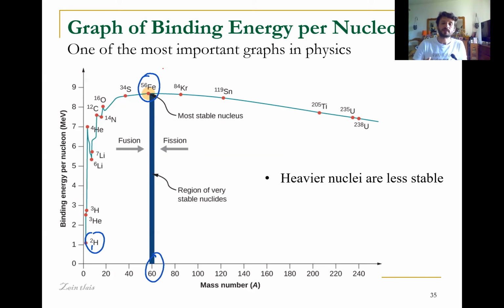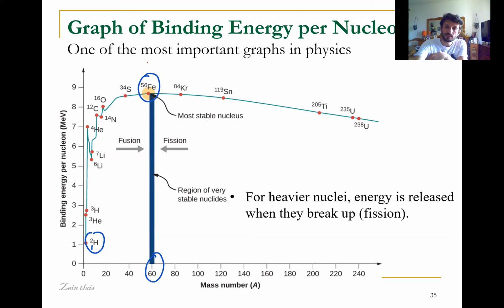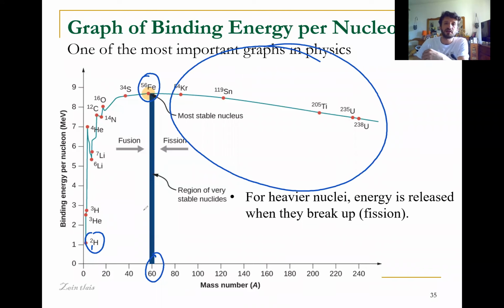In this case, it's easy to have some splitting of the nucleus for the heavier nuclei, and they also have less binding energy per nucleon, okay? For heavier nuclei, I mean for the nuclei here, the energy is released when they break up.